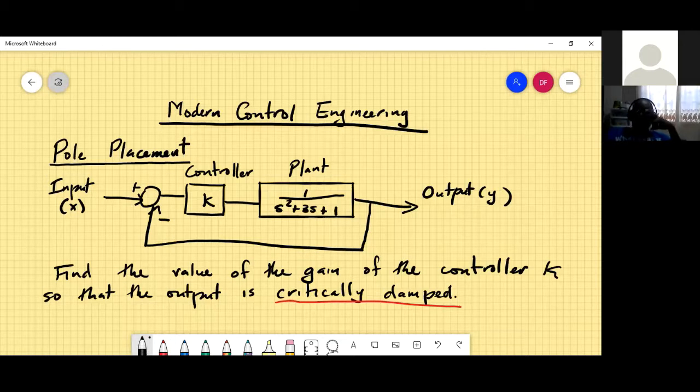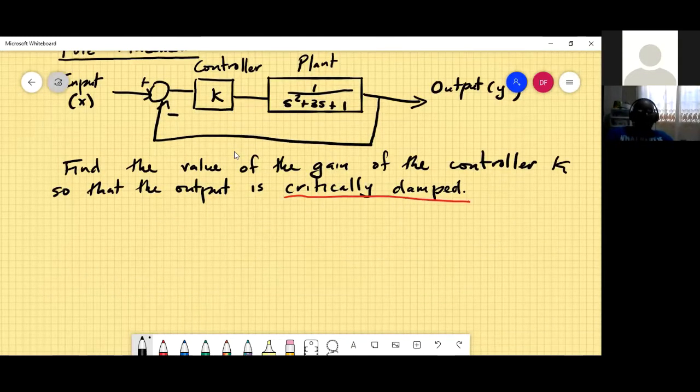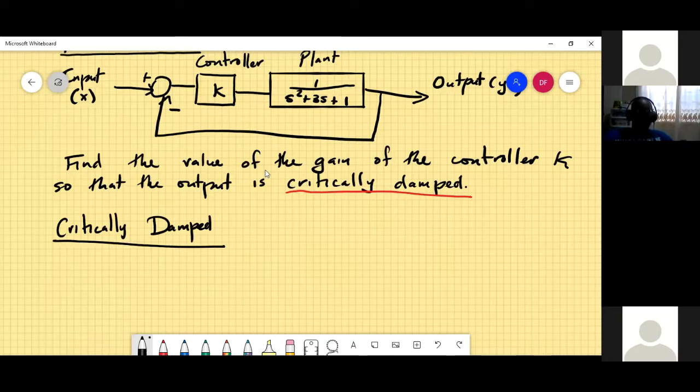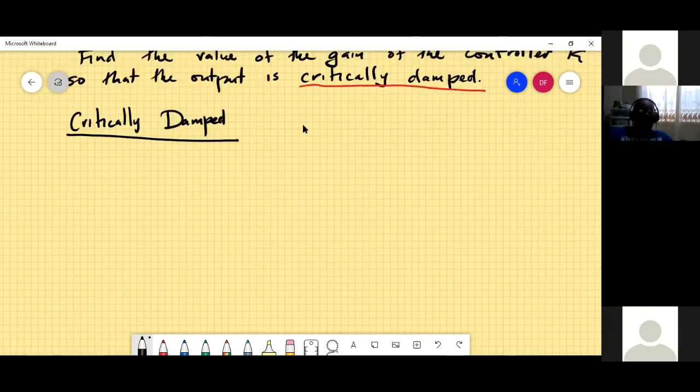So let's just begin with some definitions. What do we mean by critically damped? Anybody remember? So it doesn't oscillate. It just dies out real quick. Okay.